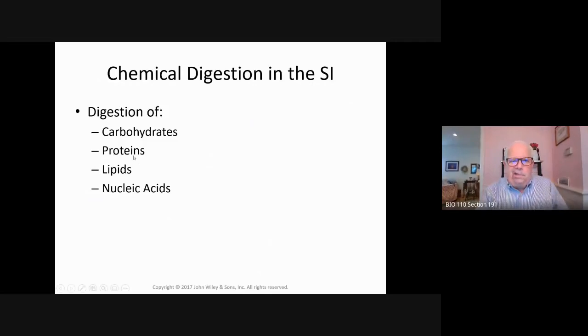You also digest protein. We'll talk about some of their enzymes. You also digest lipids from the pancreatic lipase, and you also digest nucleic acids. The only time you digest nucleic acids is in the small intestine.